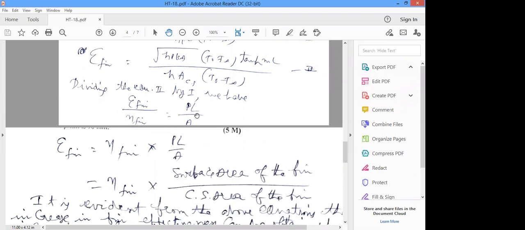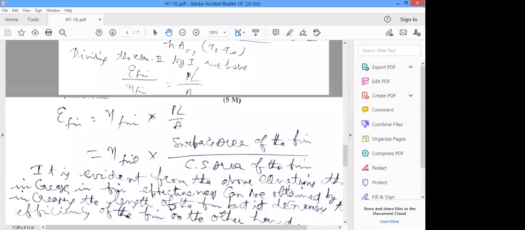Effectiveness of the fin is equal to efficiency of the fin into PL by A. What is PL?